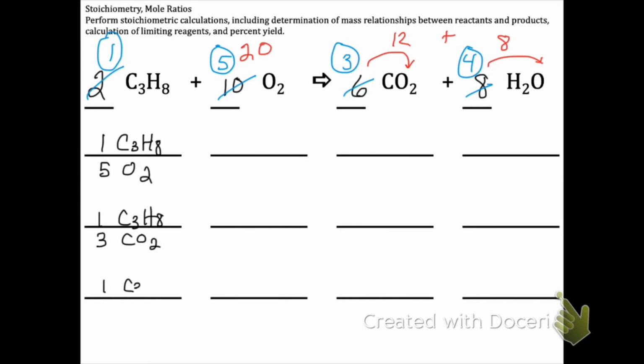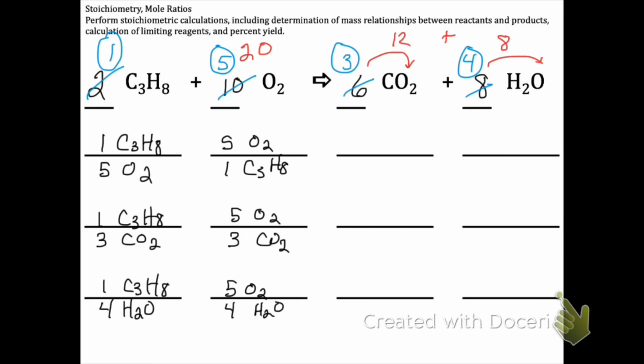And 1 C3H8 molecule could produce 4 water molecules. 5 oxygen needs 1 C3H8 to combust. 5 oxygen could produce 3 carbon dioxide. 5 oxygen could produce 4 water molecules.